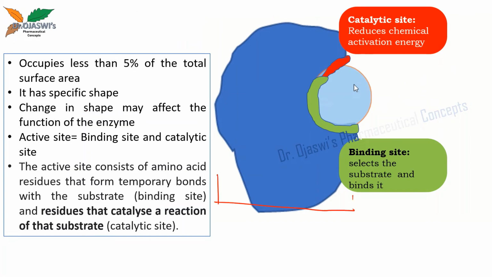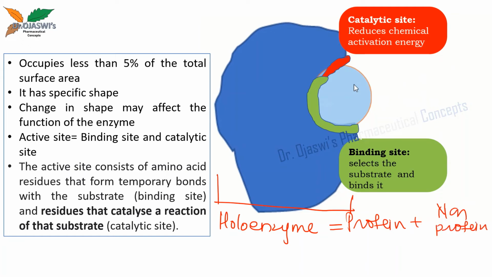The whole active enzyme is called the holoenzyme. This holoenzyme is made up of a protein part and a non-protein part. In this binding site, you can see this particular region where the coenzymes and cofactors will be binding.